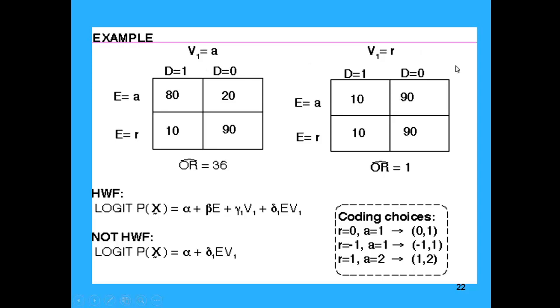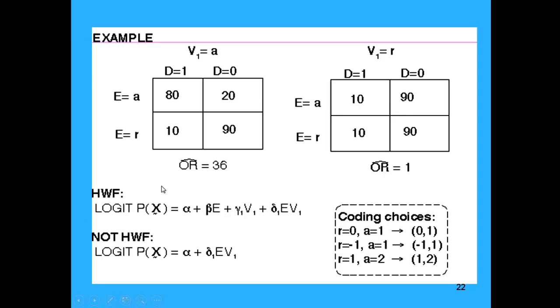Now, if you look at this data, in this case, D is 1, 0, E could be defined as either 1, 0, it could be any two numbers you want to have. And depending on how you define it, then you're coding it a certain way. If I define E as 1, 0, I'm coding it 1, 0. If I define E as 2, 1, I'm coding it differently, right? That's what I mean by the coding, okay?